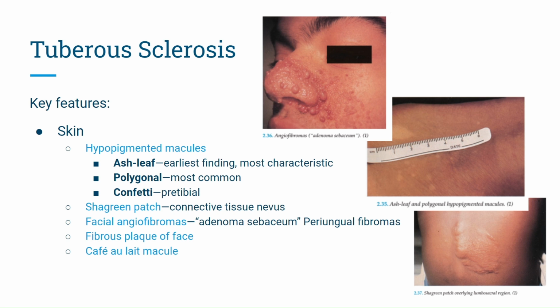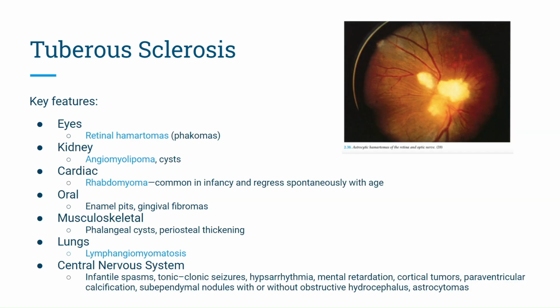You could see a facial angiofibroma or adenoma sebaceum, and periungual fibromas around the nails. Facial angiofibromas will be on the face, that's pictured up above. You can also see cafe au lait spots, and you can see a fibrous plaque of the face. The name of that has been discussed about getting changed because it doesn't have to be exclusive to the face. But a fibrous plaque of the face is most common or most classic.